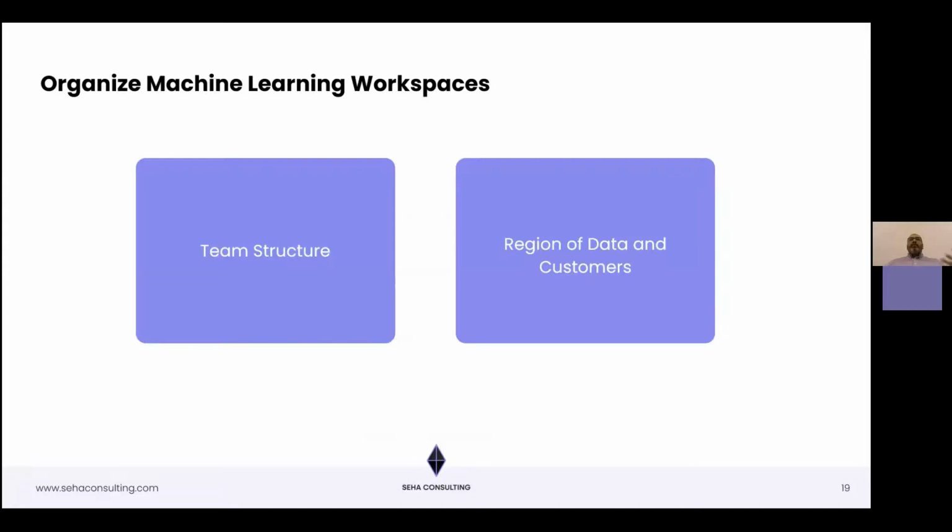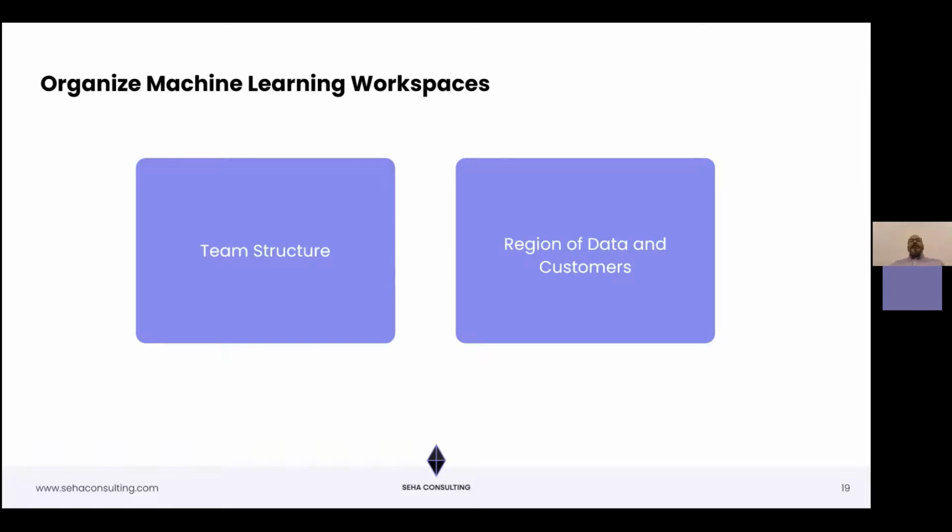Basically, how are your budgets allocated? If you have budgets allocated per team, or budget allocated per project, who can access what, that determines how you set up your workspace. And we'll talk about different considerations that are involved there.